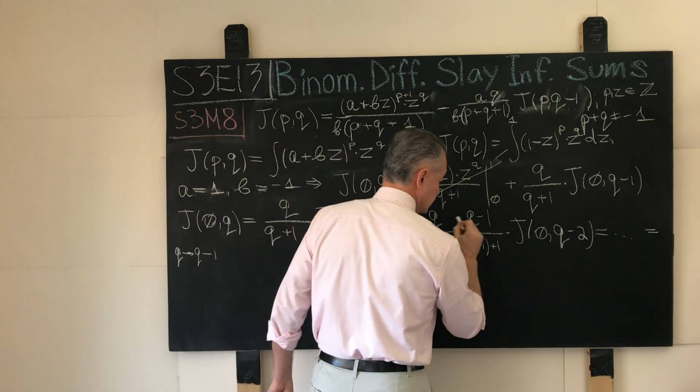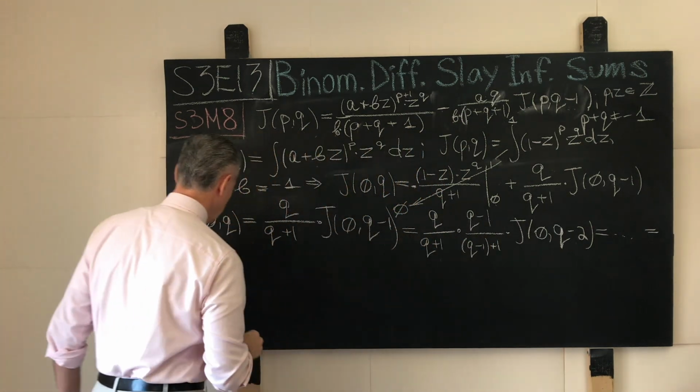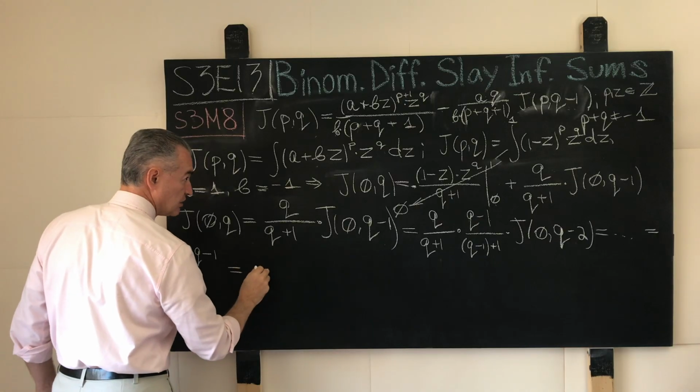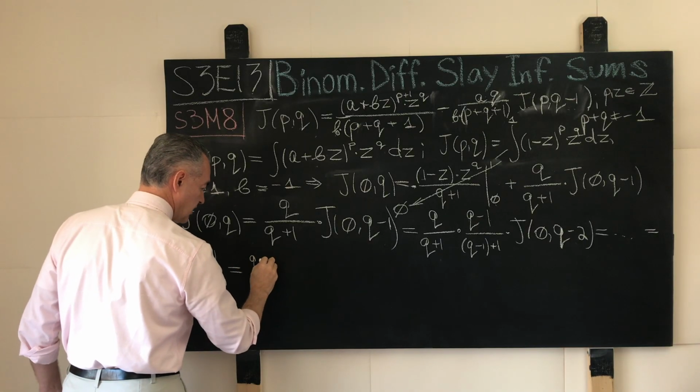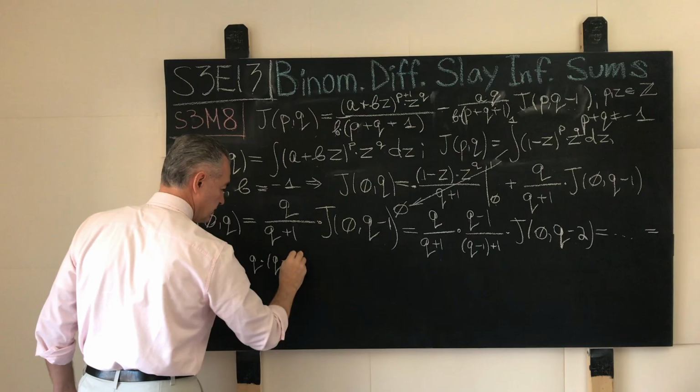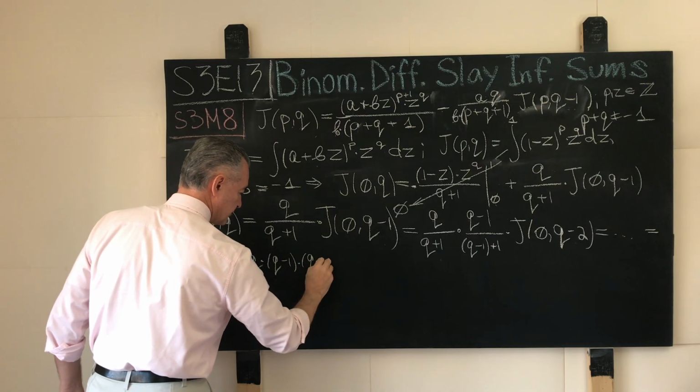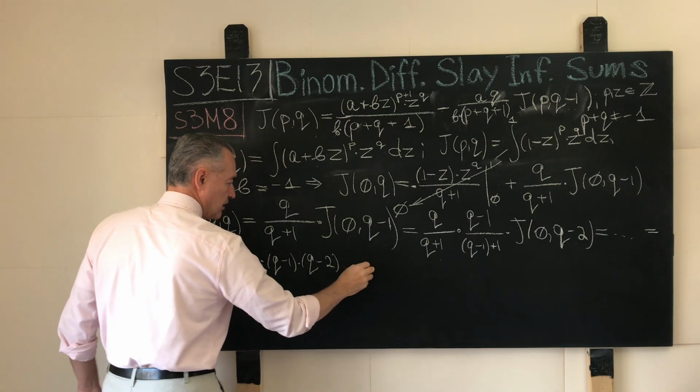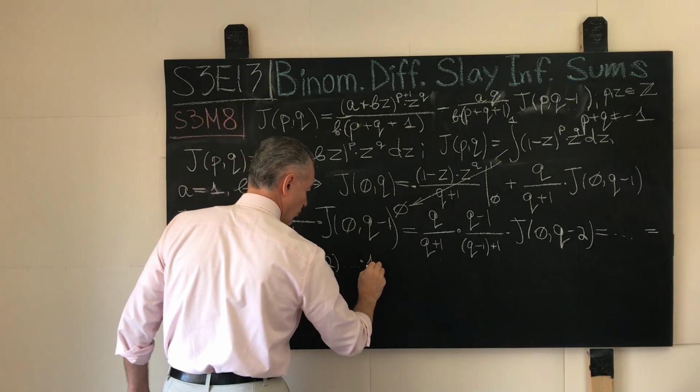So how many such factors will we have? Well, we will have the following formation over here. We will have q times q minus 1 times q minus 2, and so on. The last factor will be 1.